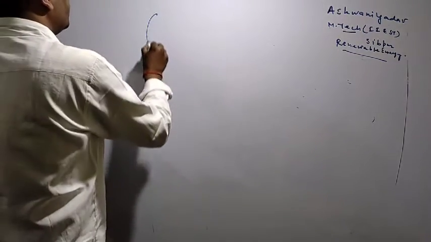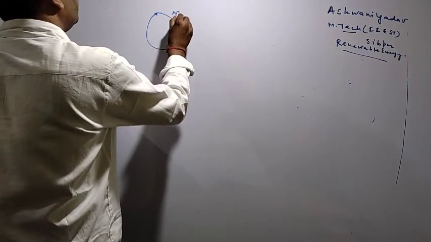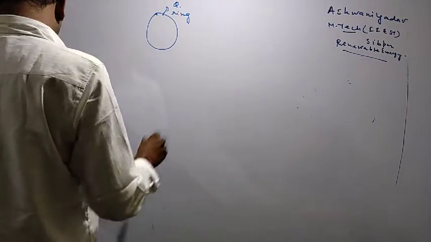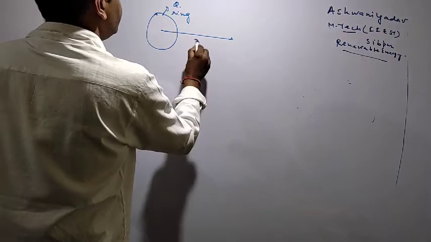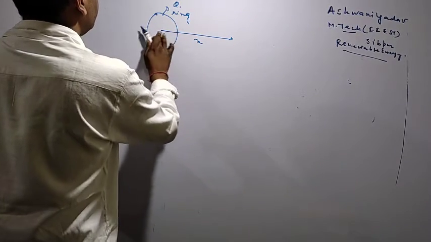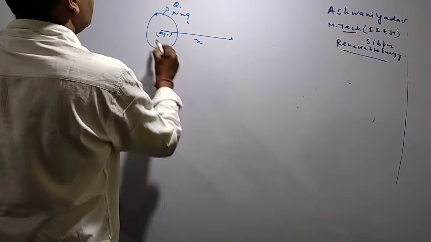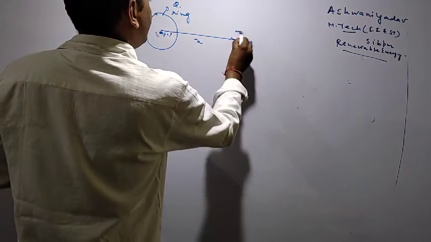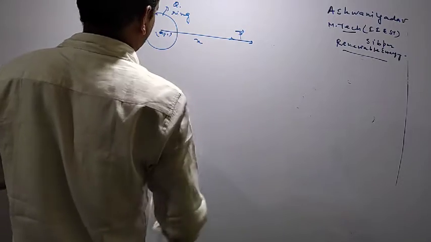Now we have a ring. This is a ring, and its charge is q, and this is your distance x. This is the center, the origin, and the dipole moment is p1 vector, and it is in this direction.